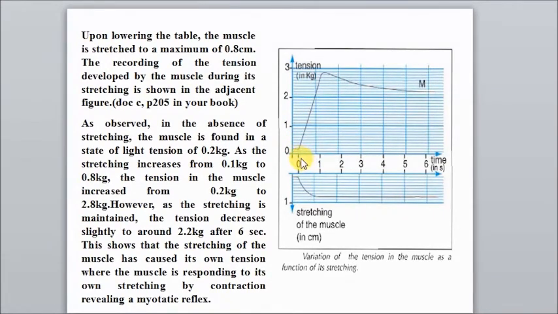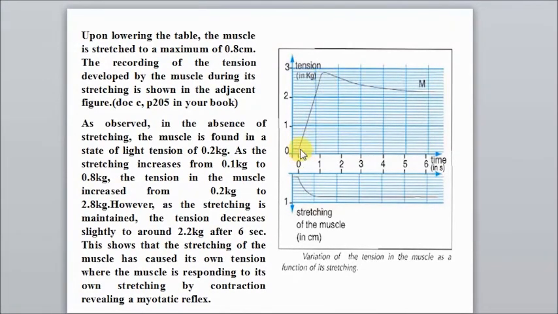As observed, in the absence of stretching, the muscle is found in a state of light tension, 0.2 kilogram. Now, as the stretching increases from 0.1 to 0.8 centimeter, the tension in the muscle increased to around 2.8 kilogram.